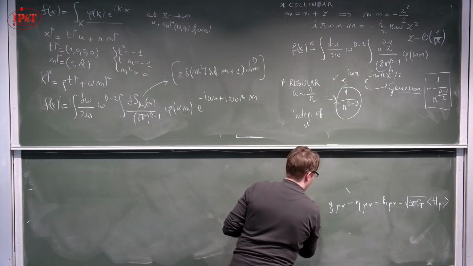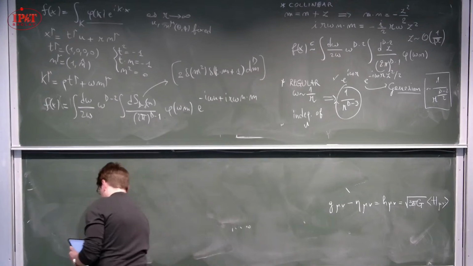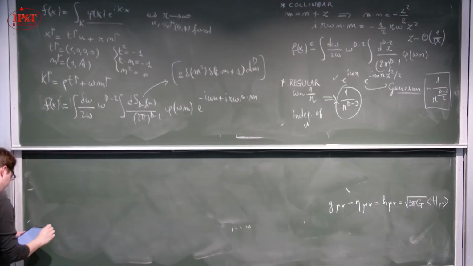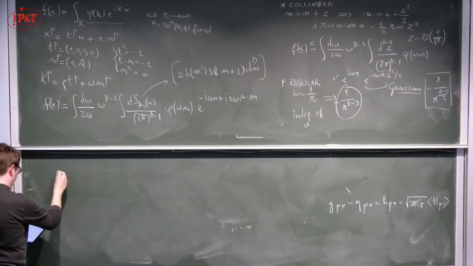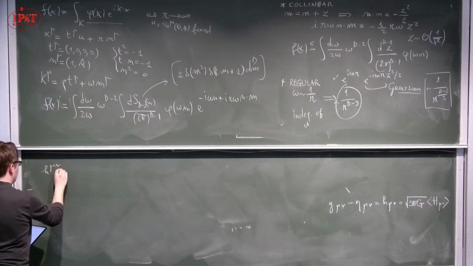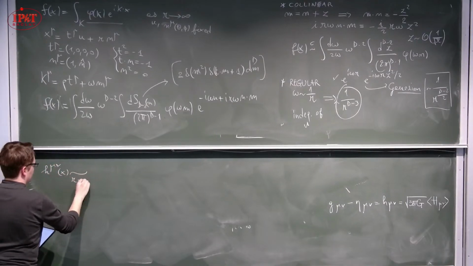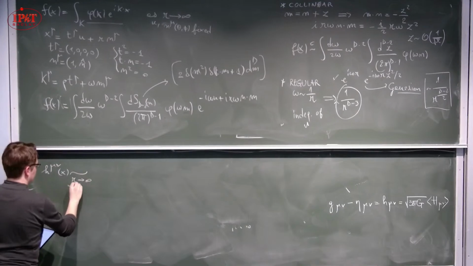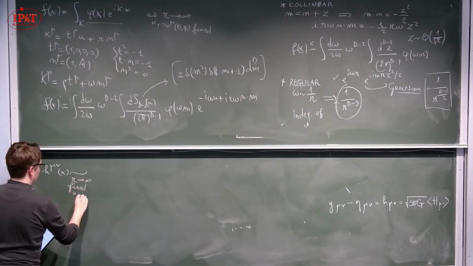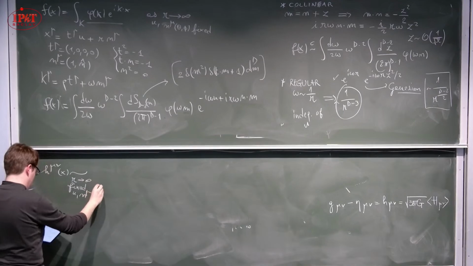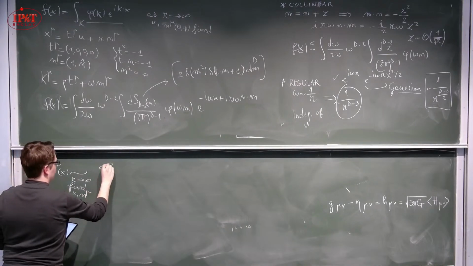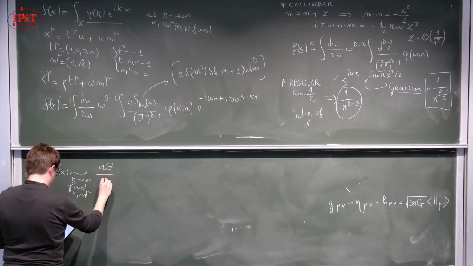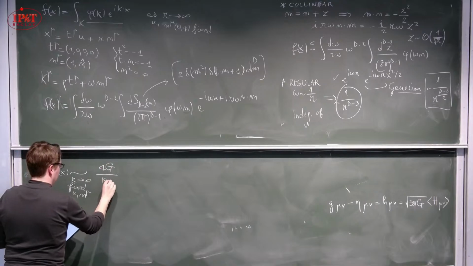So the result for our metric, now focusing on d equal 4, is that we end up with h mu behaving, as r goes to infinity for fixed u and n, as a factor of 4 G over kappa r.